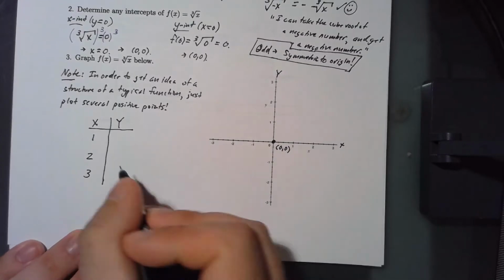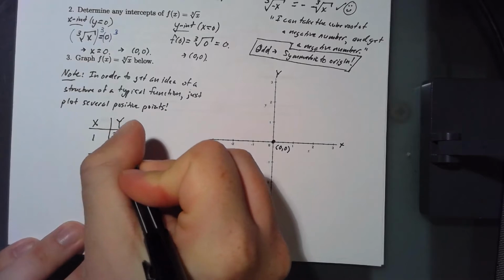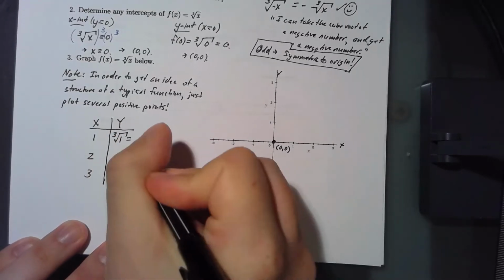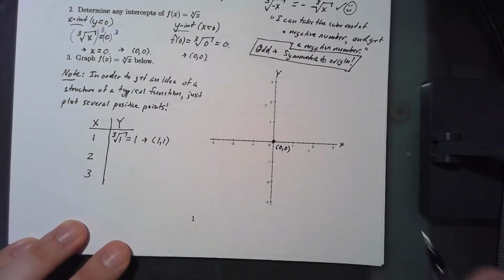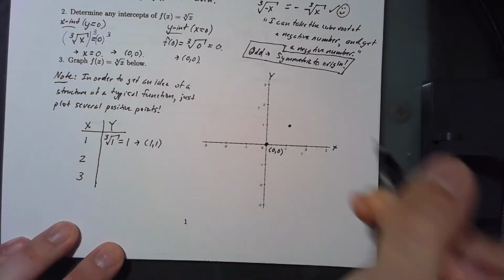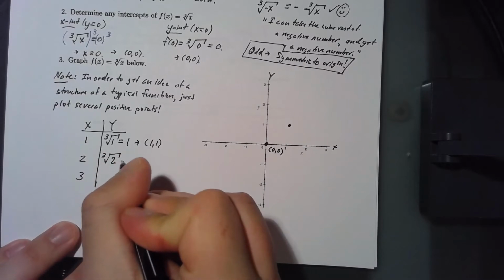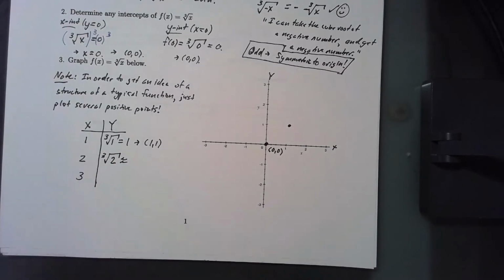So when I plug 1 into my function, that's just the cube root of 1, which is 1. So the ordered pair (1, 1) is on there. Okay, well that's easy enough. When I take the cube root of 2, I would normally just leave it like this, but this is an approximate number, so let me type it in my calculator.